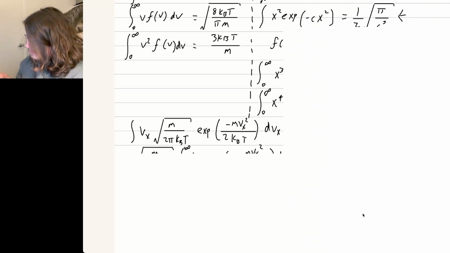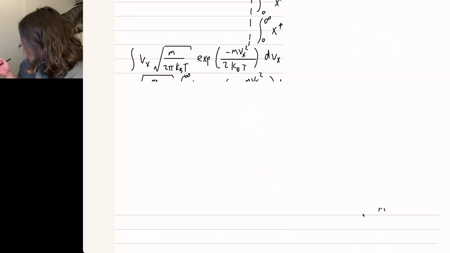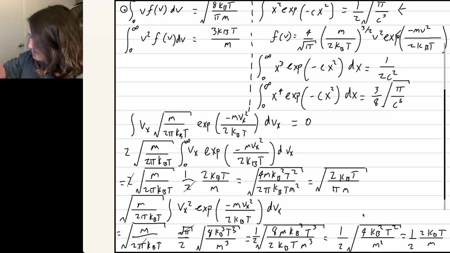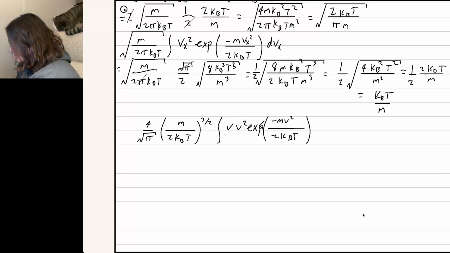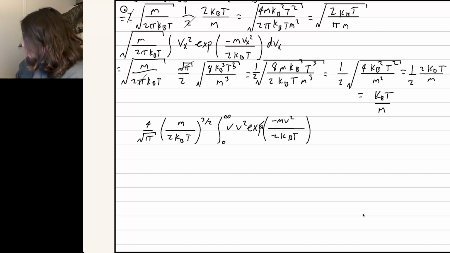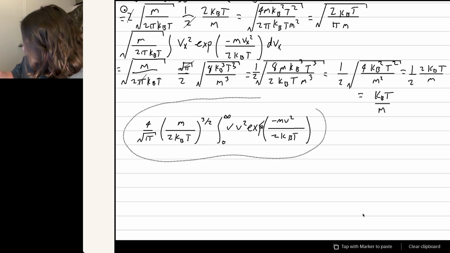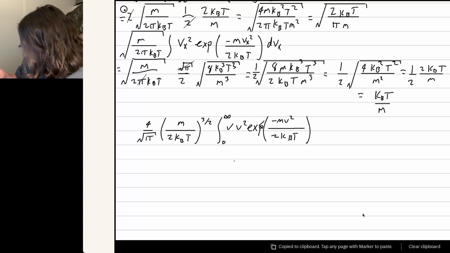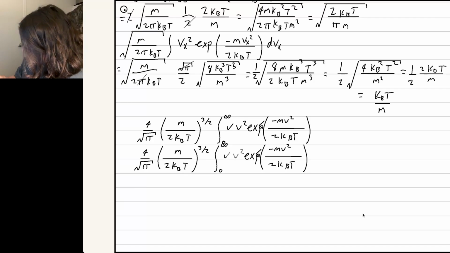The next one involves a different integrating function. It's f of v. So this has kind of become a mess. I'm going to go ahead and move this down. In the prefactors on the outside of the integral, and it's from 0 to infinity, we basically have this stuff times, we're integrating v cubed now. So I'll write this as v cubed.